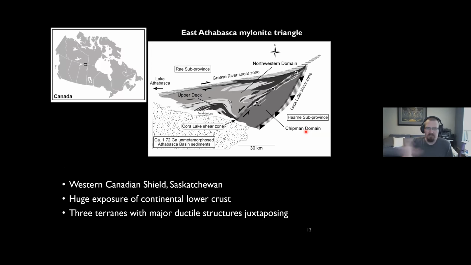Just as a quick orientation so you can feel bonded with this structure, it's located about 3 days north of Denver on a very exciting drive along closed logging roads when you're driving your own truck, way in northern Saskatchewan.